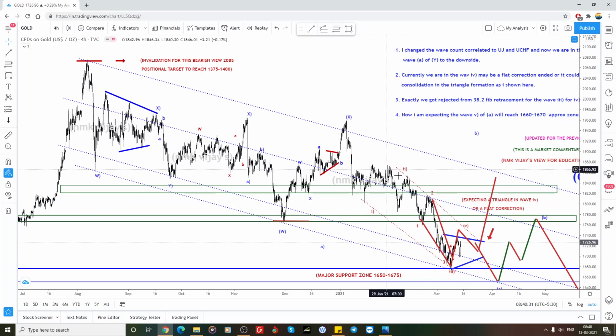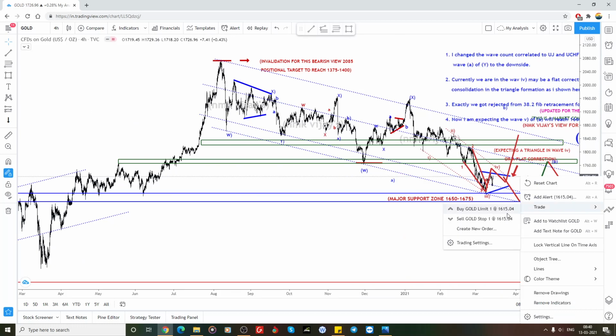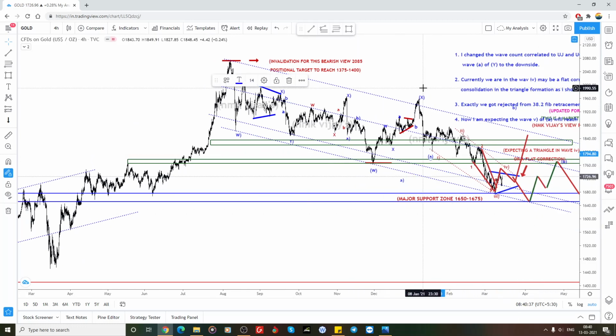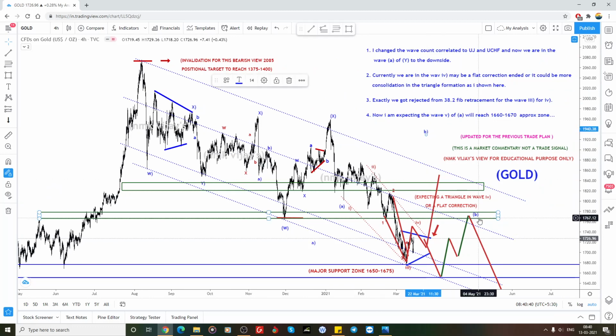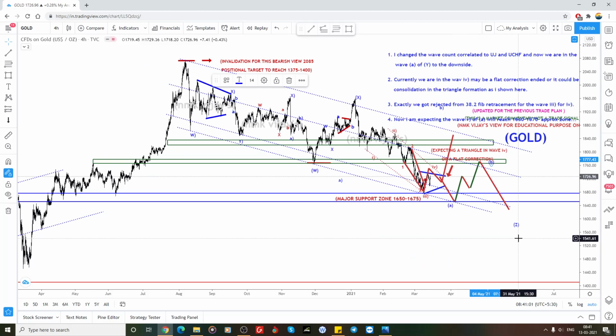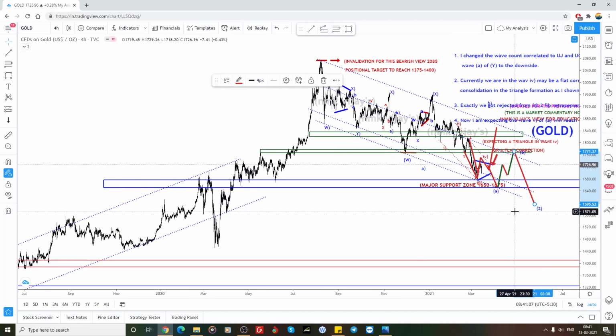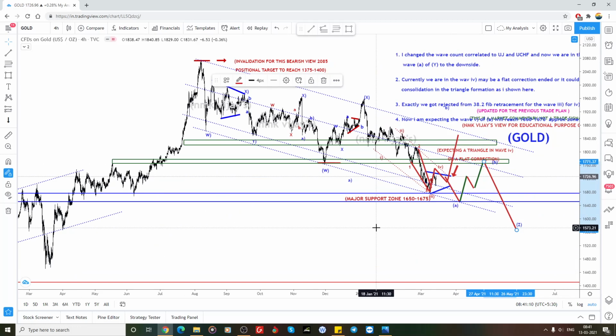Try to understand whether this is an A, this is a B, and Y is already ended, and again the three-wave structure for that 1830, again it can make a Z wave, or that A wave is still going on and we have to trade the B wave. After that the Z wave to come to around 16, or the next zone is 1575. So let's see how it moves.